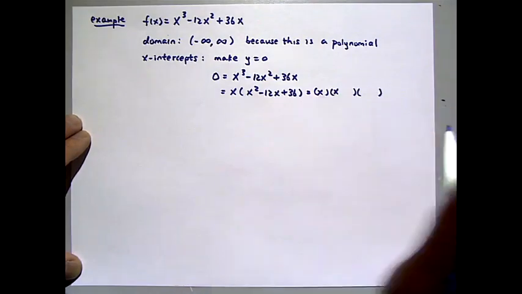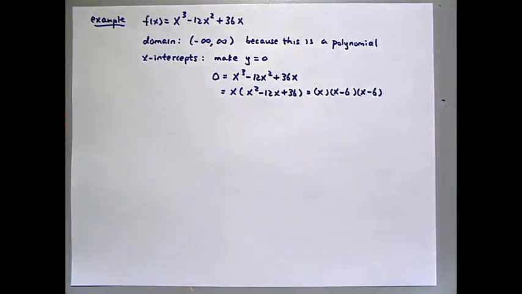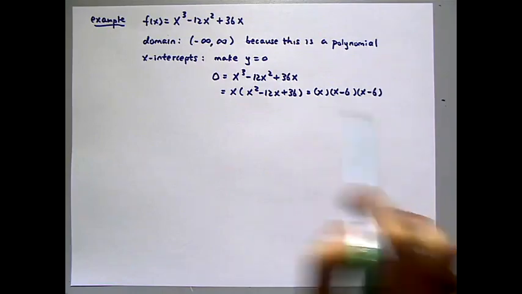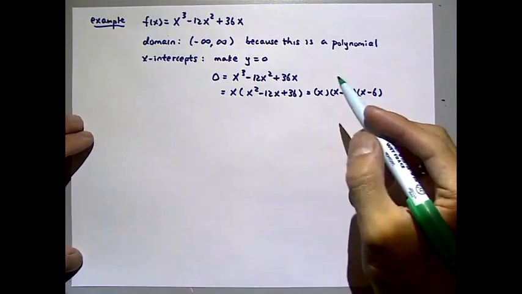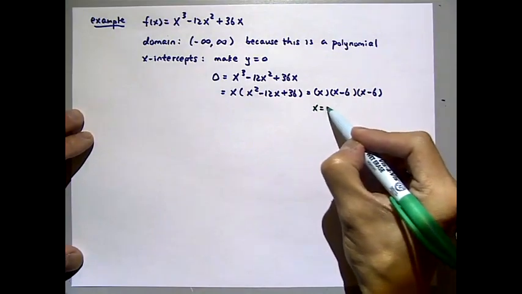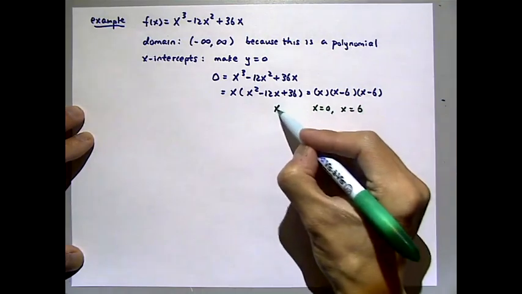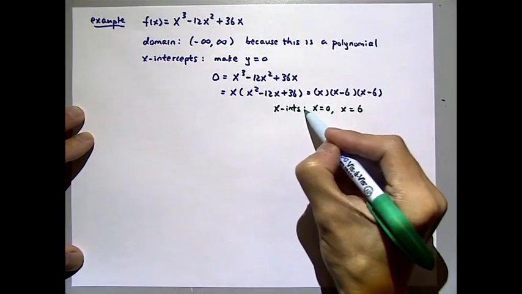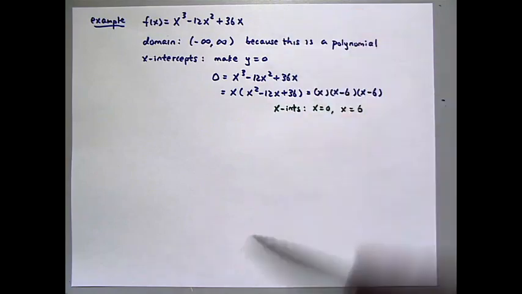Minus 12, 36 is the perfect square. If all these three things multiply to be 0, then we know each of them has to be 0. So the x-intercepts are x is equal to 0 and x is equal to 6. Now we know at least 2 points on that graph, right? Whatever happens after that, we have other things to help us figure that out.